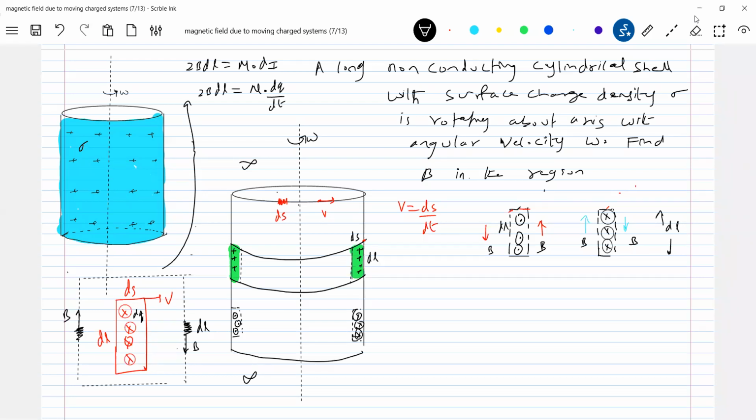What should be the dQ? Sigma into dl into ds. So 2B dl equal to mu naught sigma dl into ds by dt.